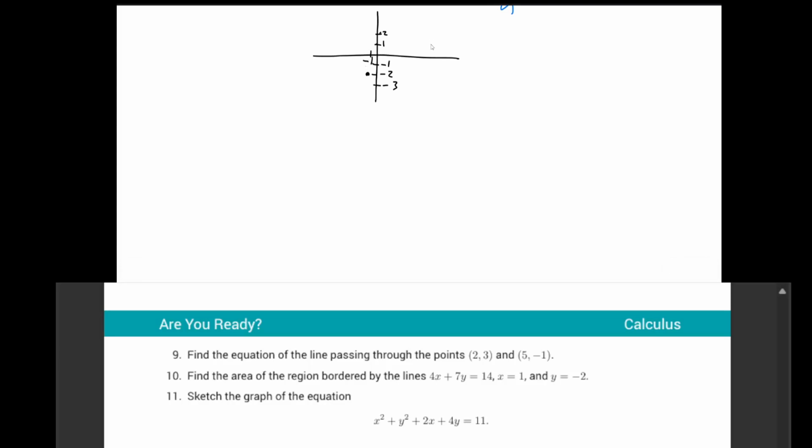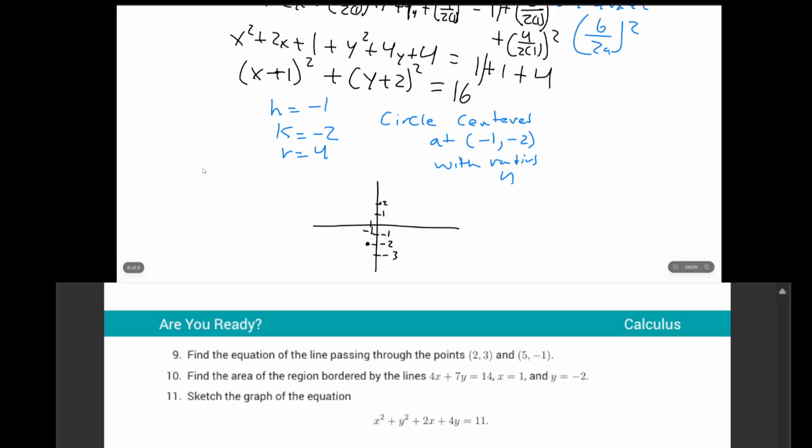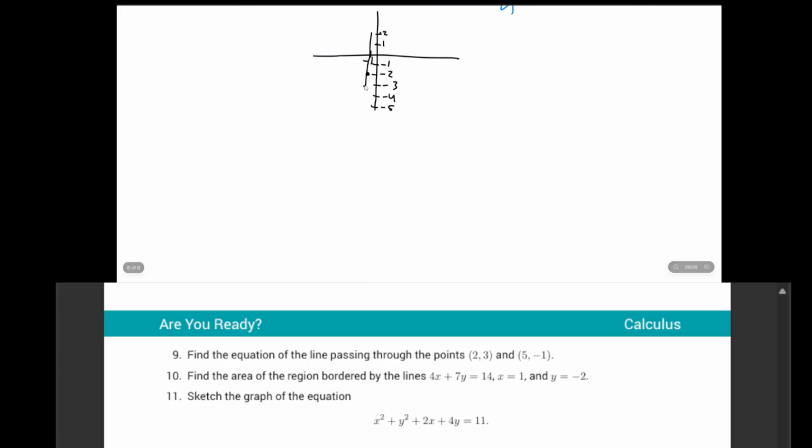Something is up. Wait, so this is -1, -2, radius 4. From the center, 1, 2, 3, 4 units. From the center, 1, and then this will be -4, -5, 1, 2, 3, -6, 4.